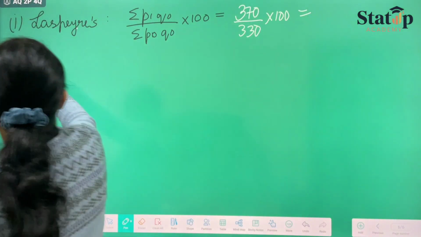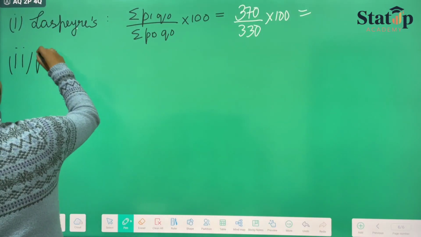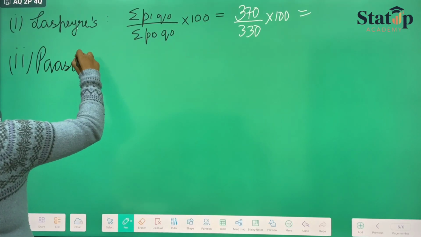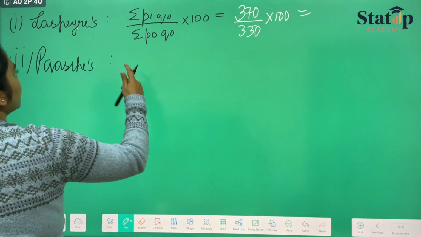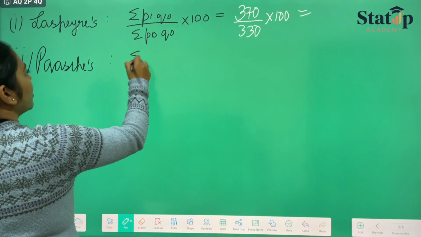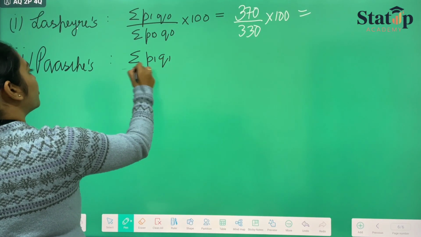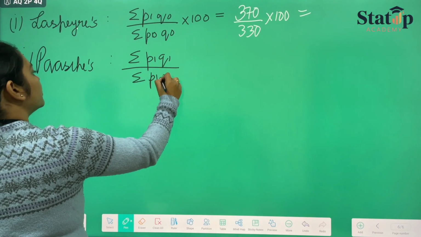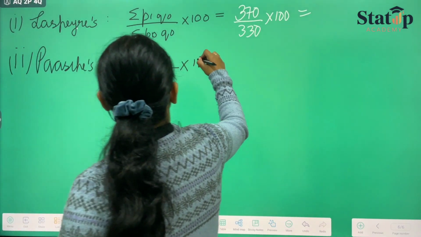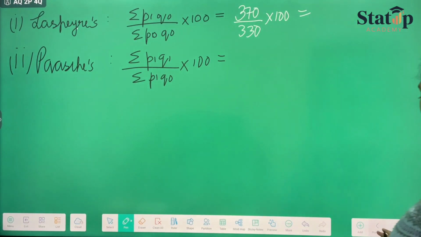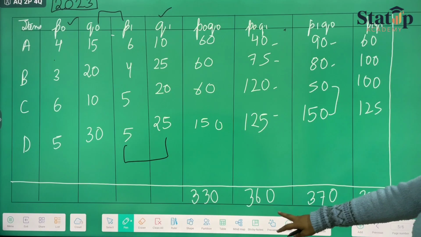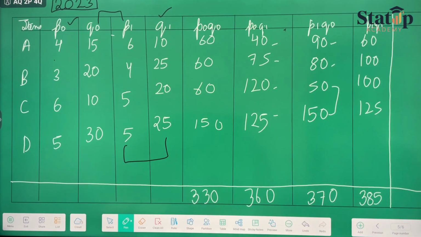Now second is calculating Paasche. Paasche is nothing but summation of P1 Q1 upon summation of P naught Q1 into 100. So P1 Q1 was 385 and P naught Q1 is 360.